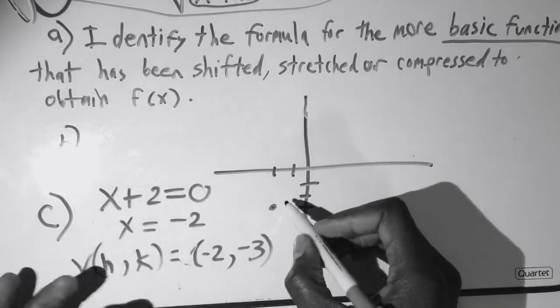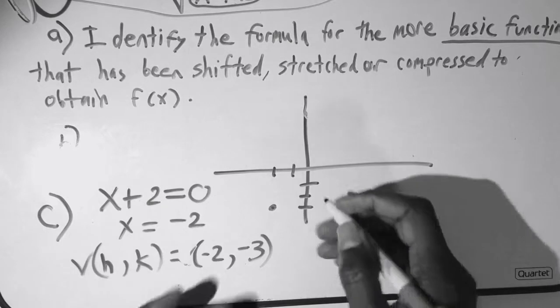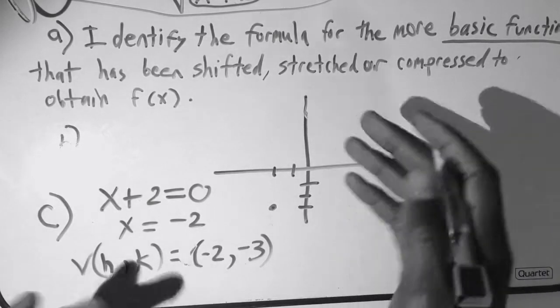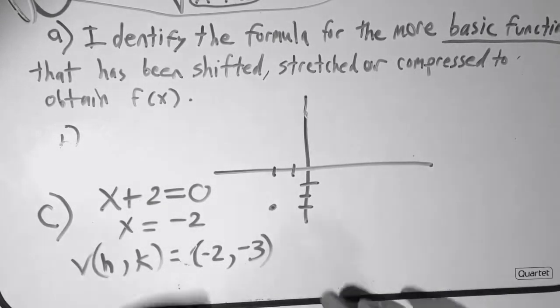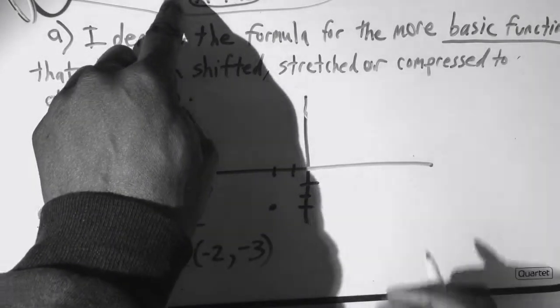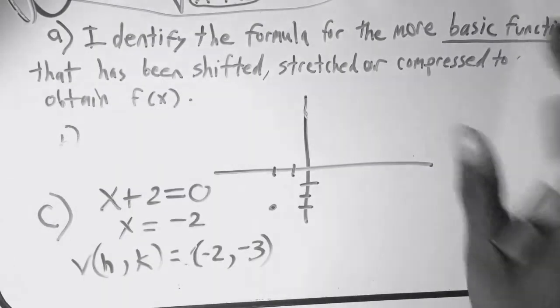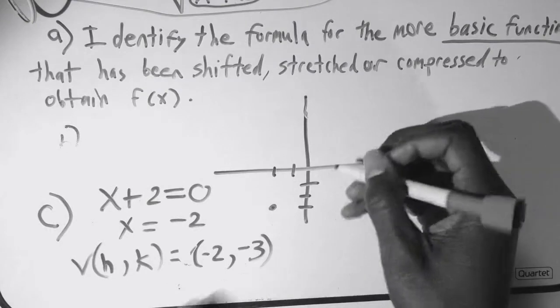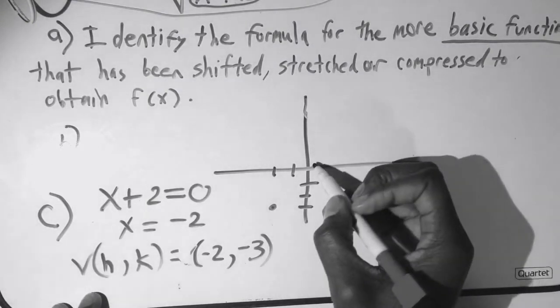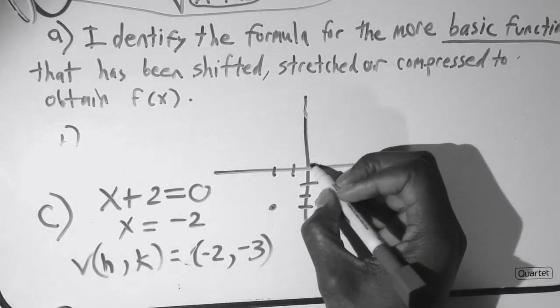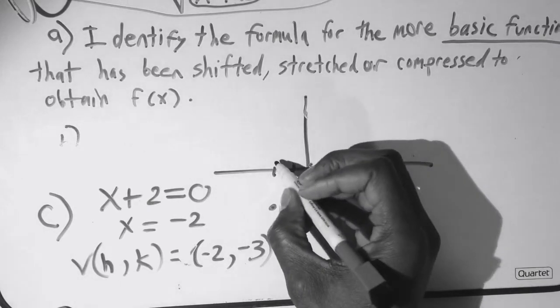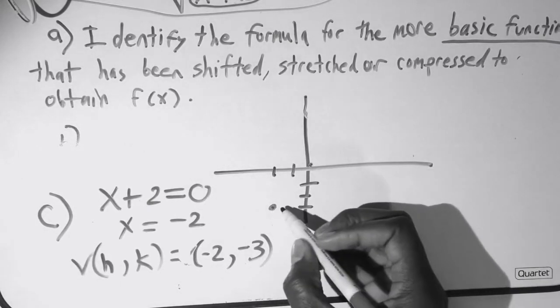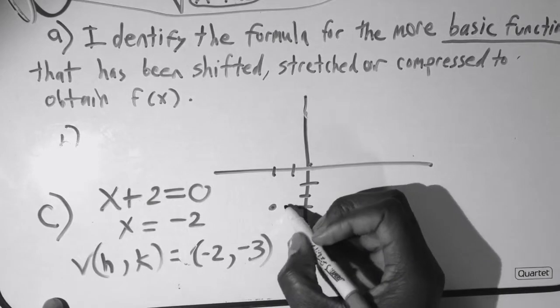And it looks exactly how it looked before we shifted it. Nothing has changed. The graph of this function hasn't been stretched or pulled apart. It just moved from this point over to the left 2 and down 3. That's it. But it looks exactly the same.